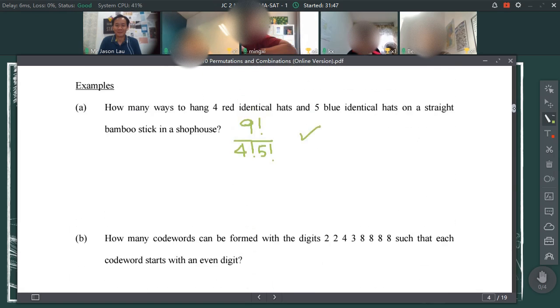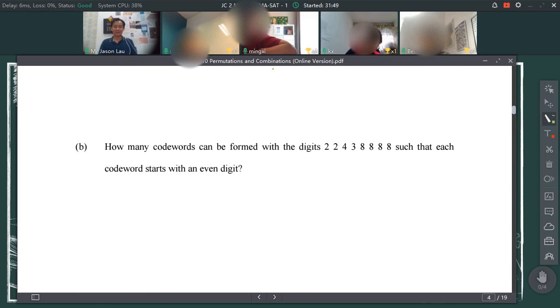Kai-Xing, next one. Okay, repeated. How many code words can be formed with the digits, such that each code word starts with an even digit? Is it 7 factorial divided by 4 factorial times 2 factorial, minus 1?